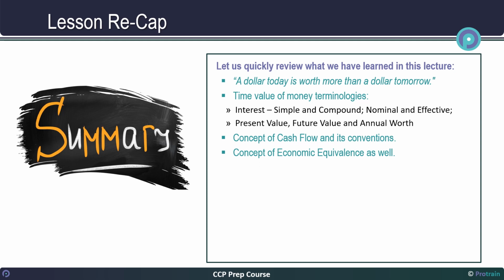In the latter part of the lecture we discussed discounting factors and their respective cash flows and use of interest tables. With this we complete our lecture on time value of money concepts. In the next lecture we'll talk about a new concept related to CCP certification.